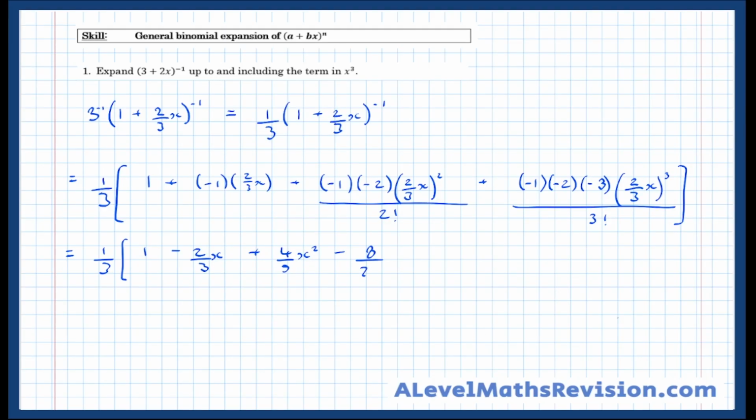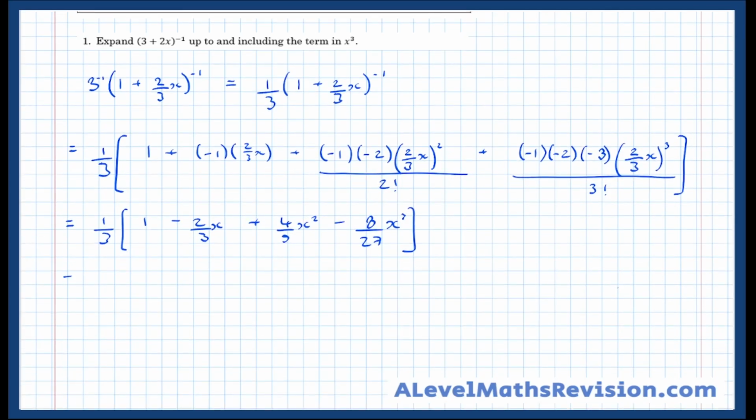So 8/27 x cubed. Almost there. Then expand this bracket: equals 1/3 minus 2/9 x plus 4/27 x squared, and 3 times 27 is 81. So minus 8/81 x cubed, and we've expanded it.